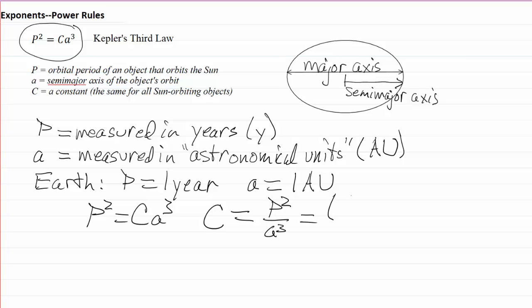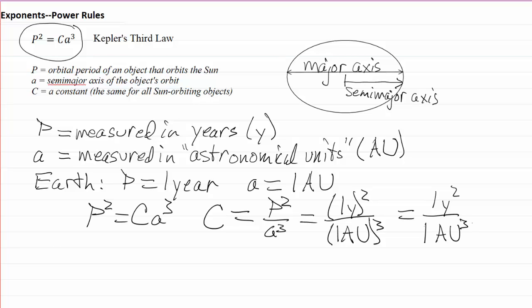For the Earth, it will equal 1 year squared divided by 1 AU cubed. When I evaluate the numerator, I just get 1 year squared. When I evaluate the denominator, I get 1 AU cubed. And I'm using a rule of exponents here that when you have things in parentheses raised to a power, these are multiplied together in the parentheses, so both things are raised to the power.